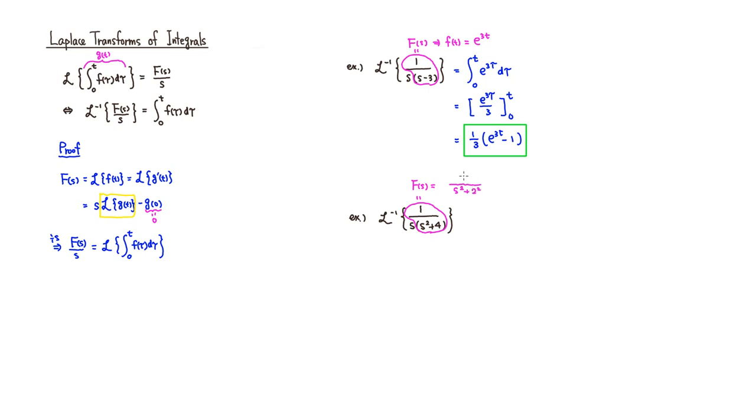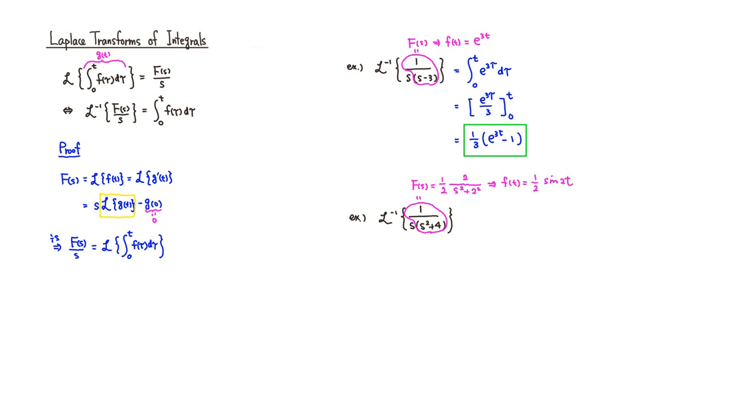I would like to have a 2 on top, so I'm going to multiply by 2 and divide by 2. So we can see that f of t is 1/2, which is just a constant, times the inverse Laplace transform of 2 over s squared plus 2 squared, which is sine of 2t.